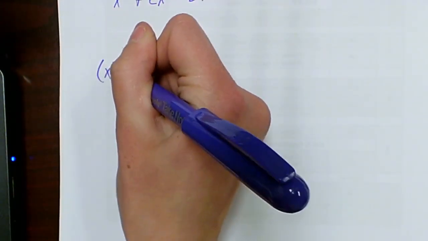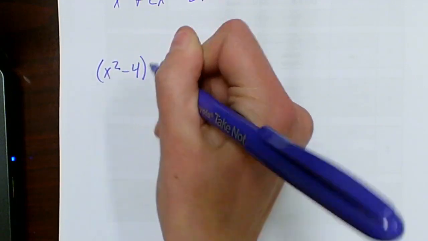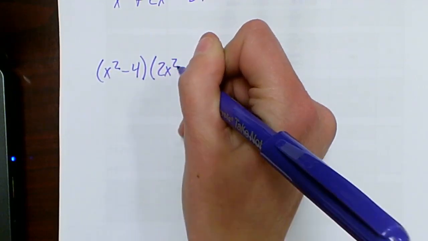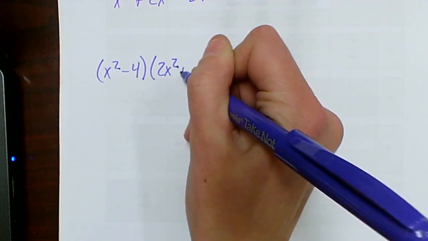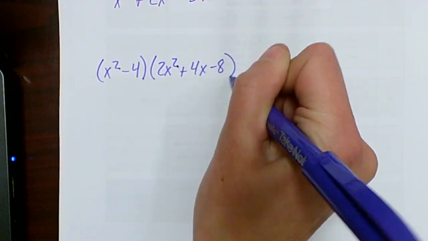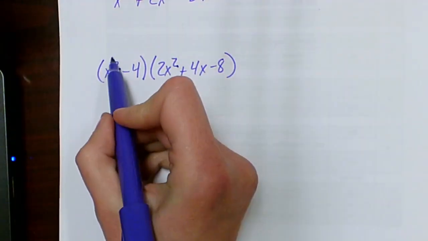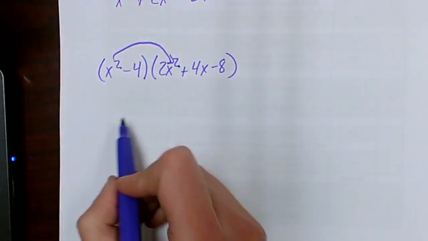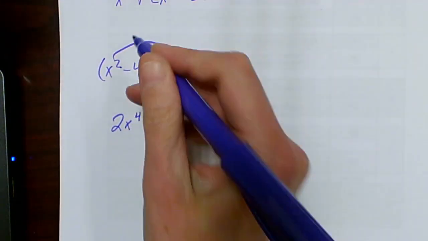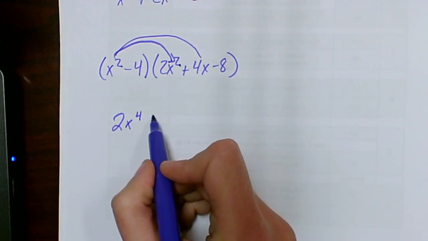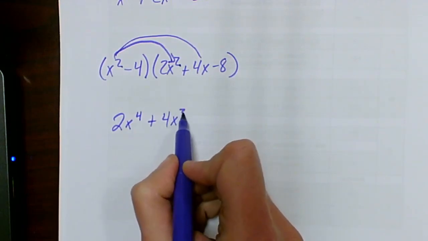Let's go ahead and work another one. X squared minus 4 times 2x squared plus 4x minus 8. Okay, so x squared times 2x squared, that's 2x to the 4th. X squared times 4x, that's going to be 4x cubed.